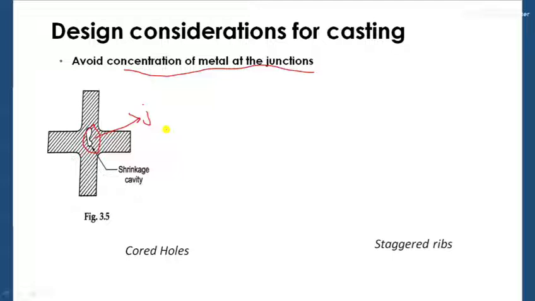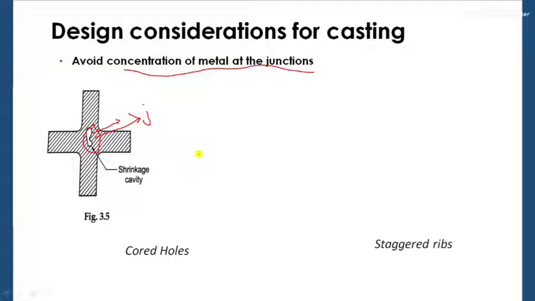So if there is a concentration of metal at the junction, then even after the metal on the surface solidifies, I am repeating my statement, if this is a junction point which I have shown, then even after the metal on the surface solidifies, the central portion still remains in a molten stage.